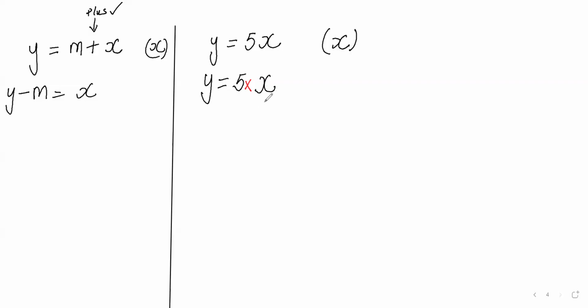So what do I do? I want x only on one side. So you move the five over, but how? You divide y by the 5. Right, correct.